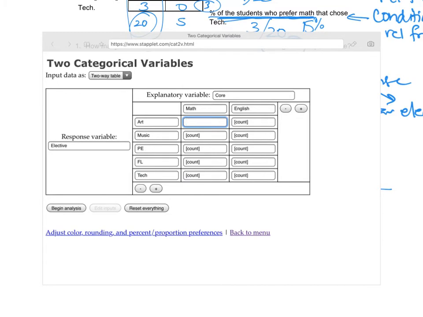Art was 4 and 3. Music was 5 and 1. PE, 7 and 0. Foreign language, 1 and 1. And technology, 3 and 0.